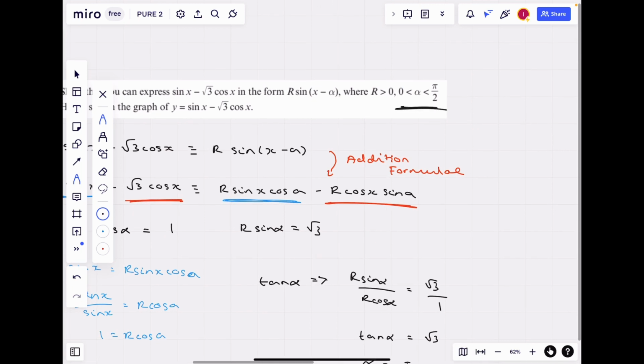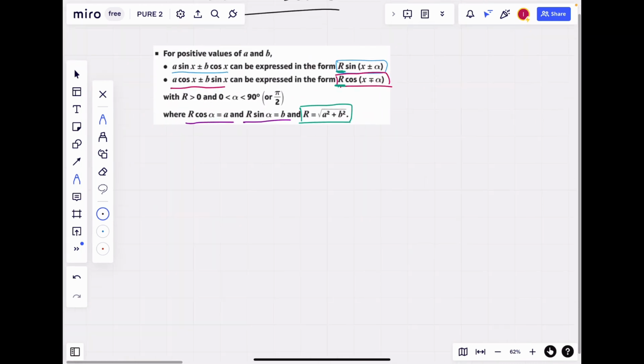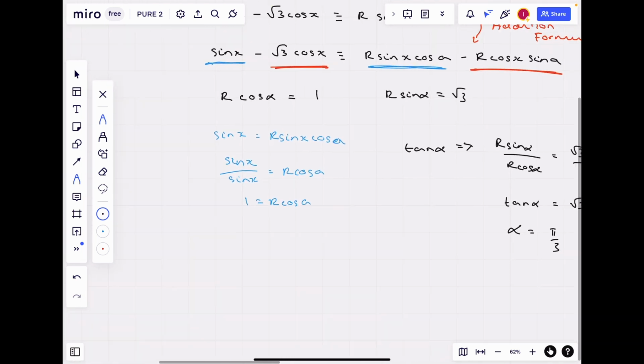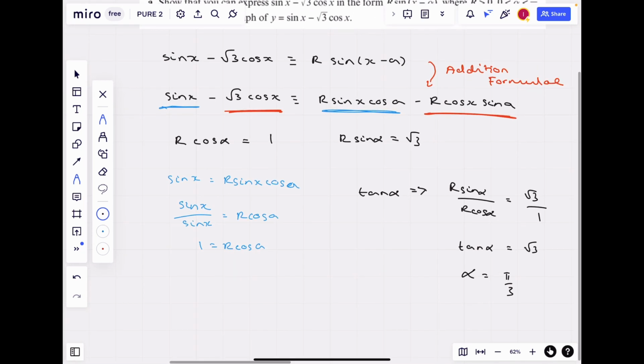it works. Okay, that second bit said to work out r, you do the square root of a squared plus b squared. A squared is the coefficient of sine x, and b squared is the coefficient of cos x.